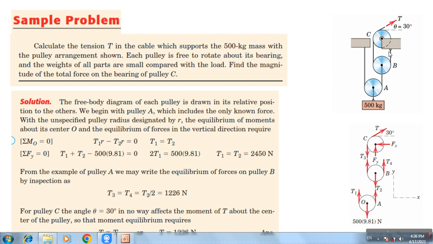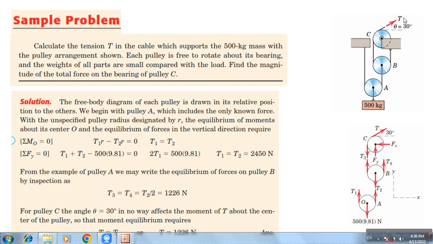When I move to the pulley B, and when I cut here, I will get T3 and T4, and because I have T2 here, this one is T2 as well. When I move to the pulley C, I have a pin connection and as we know, in the pin connection I need to put two forces, one parallel to the x-axis, one parallel to the y-axis.